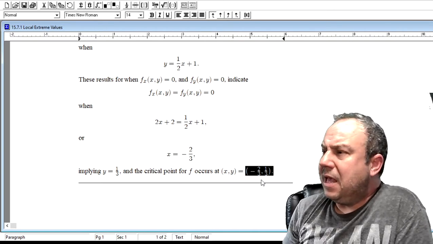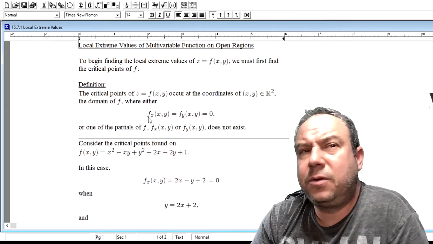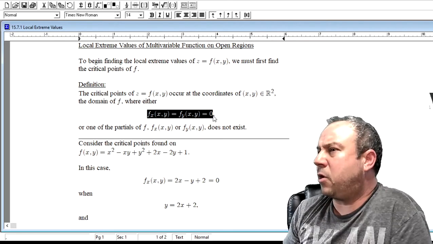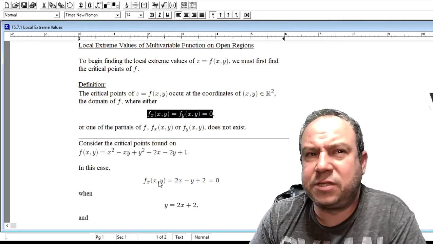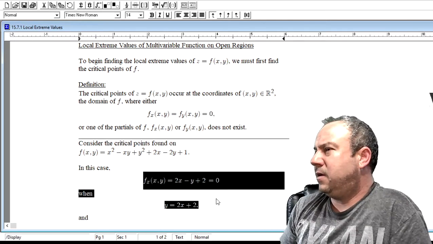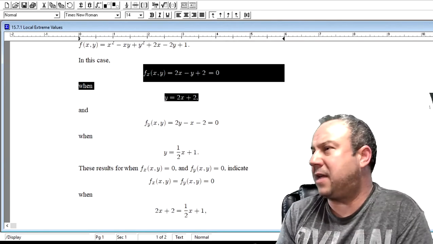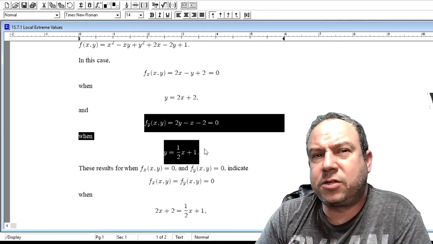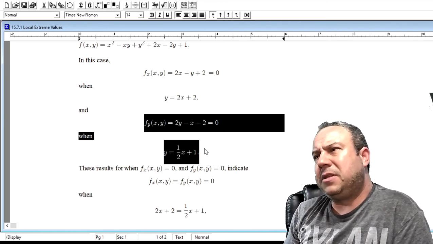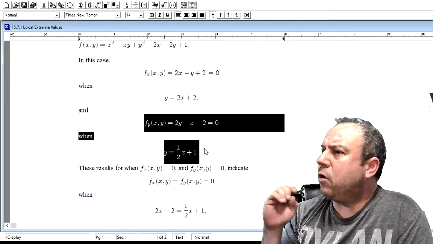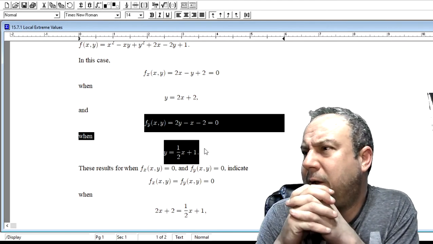That is finding critical points, folks. In this case, and in most cases, you're looking for when your first partials equal 0 simultaneously. What you do is look for when they each equal 0 on their own and develop that description. This is when the partial of f with respect to x equals 0. This is when the partial of f with respect to y equals 0. And what you become interested in is when they equal 0 simultaneously, where they overlap in the xy coordinate space, where they intersect each other.